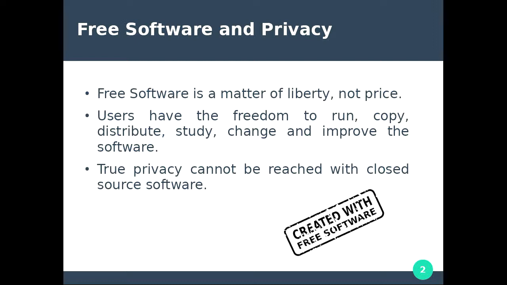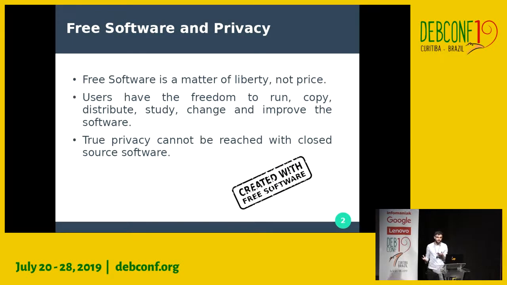On the other hand, we have closed source, which are those pieces of software that do not allow you to access its code. So no programmer can read it and guarantee that nothing shady is going on behind the scenes. You cannot know for sure what closed source is doing with users' data. So true privacy cannot be reached with closed source software.